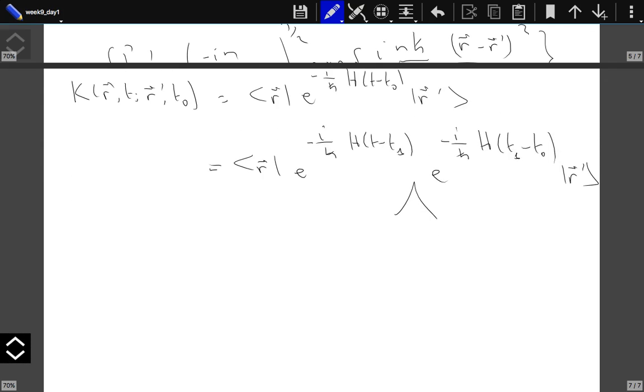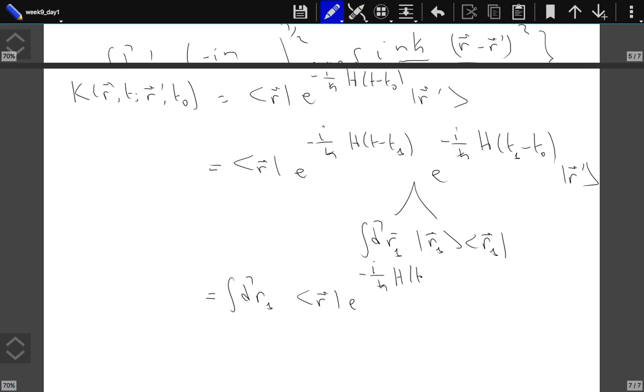But if I write it in this form, I can just insert an identity over there. And the identity that I will be inserting, let me just call it R1. This is equal to the integral d cubed r1, r e to the power minus i over h bar H of t minus t1, r1, r1, e to the power minus i over h bar H of t1 minus t0, r0.